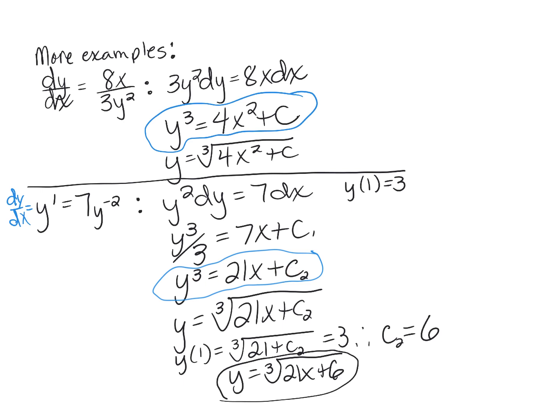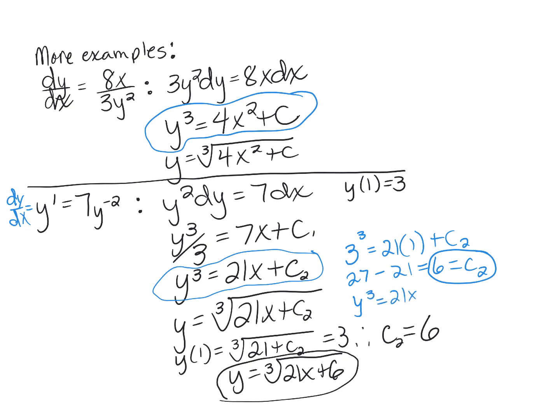So if I did that, I would have on the left-hand side 3 cubed equals 21x plus some constant. So 27, take away the 21, is going to give me 6, and that's what my constant equals. And then I can plug that constant back in and get y cubed equals 21x plus 6. This is just as valid an answer as this one is right here.